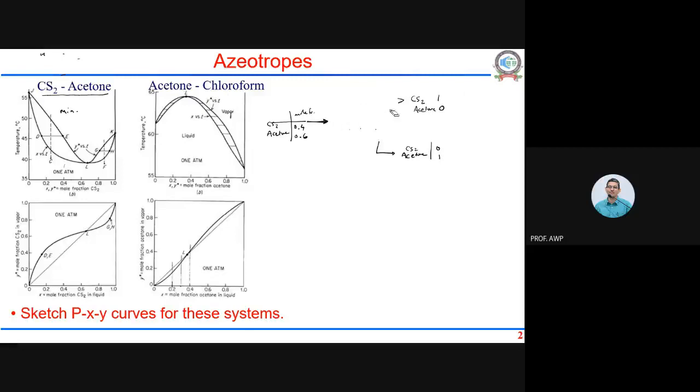So if I use one distillation column, I will have CS2 and acetone, this would be 0.65, 0.35, and this would be 0, 1. Isn't it? Have I got pure CS2? No, sir. So how do I get pure CS2?